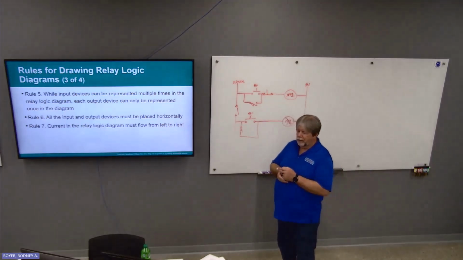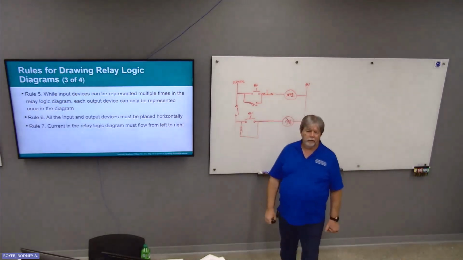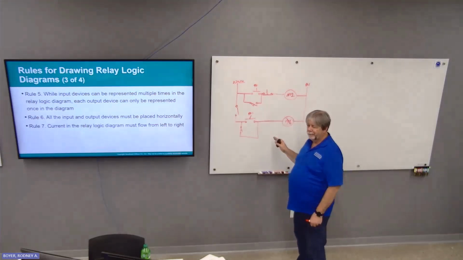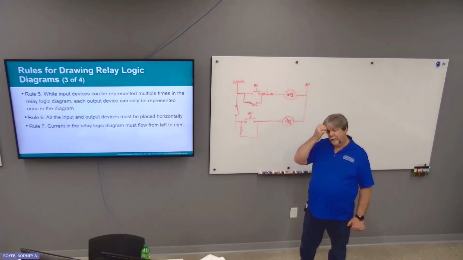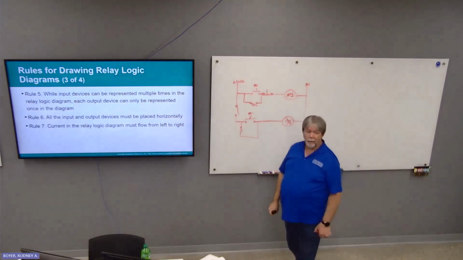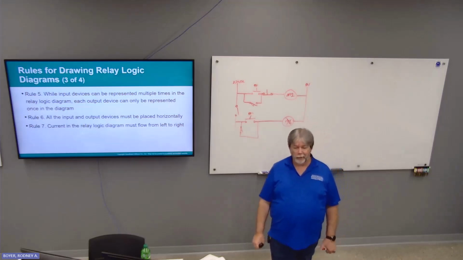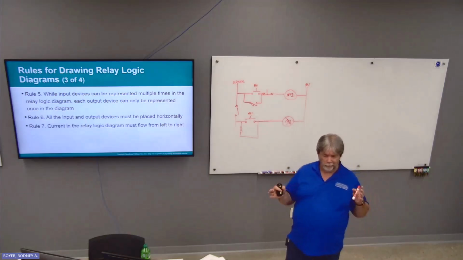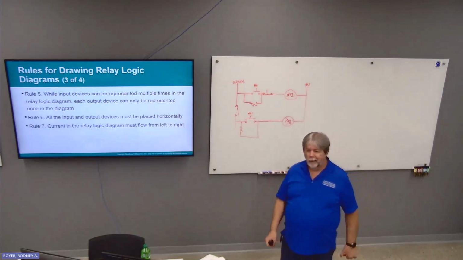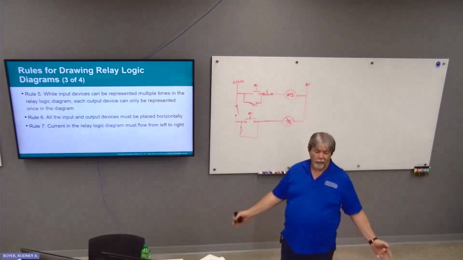Current in the relay logic diagram must flow from left to right, so from positive to negative. That being said, when you're talking about a relay logic diagram, whenever you're using good old-fashioned relays and physical switches and stuff to do the control of your machine, electricity doesn't care, it's going to flow everywhere it can.